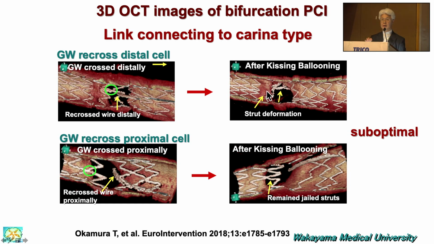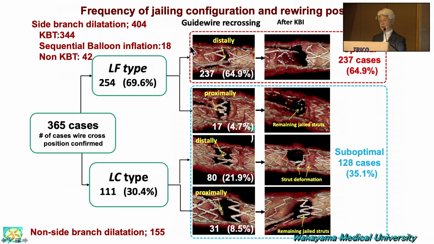The main vessel cell condition is destroyed by the kissing balloon technique. So if you identify the link at the orifice of the side branch, leave it alone because the result is worse, right? But OCT is very useful to decide whether to do the kissing balloon.